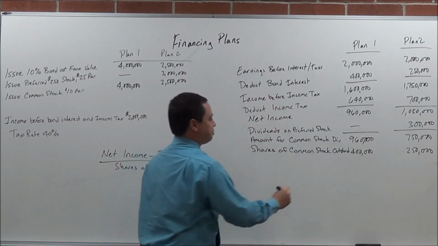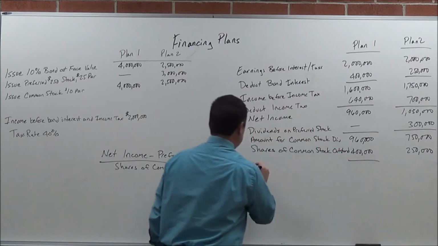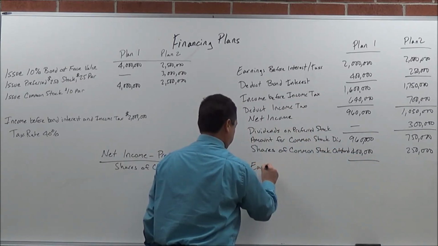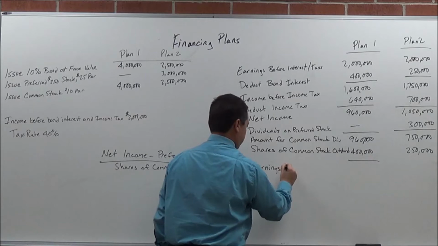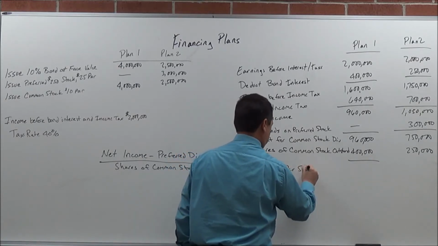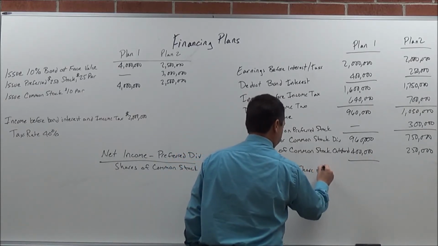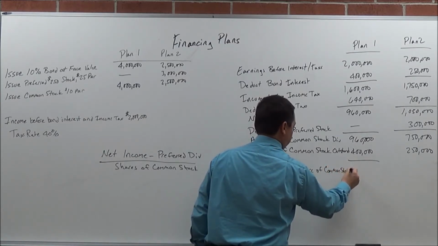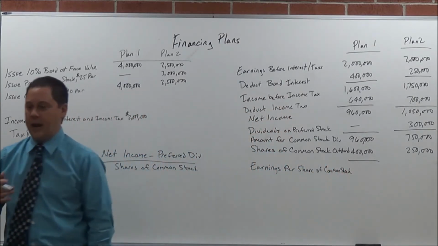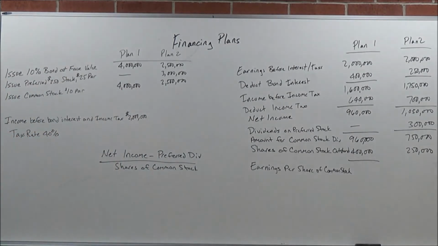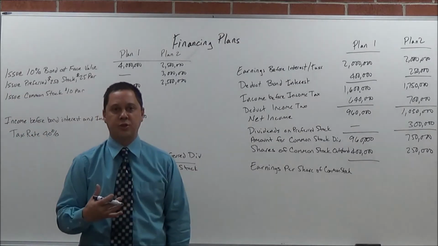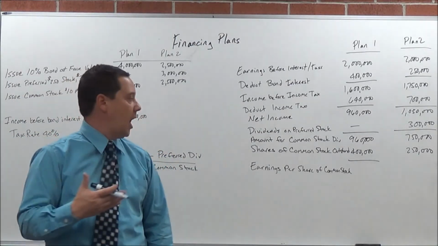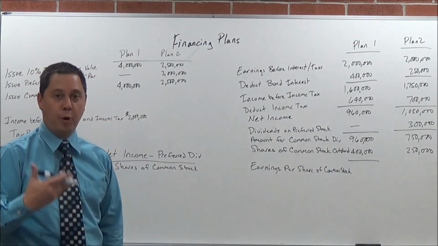All right. So now let's get our earnings per share. We divide the 960,000 by the 400,000. That will give us the value of what we have per share.